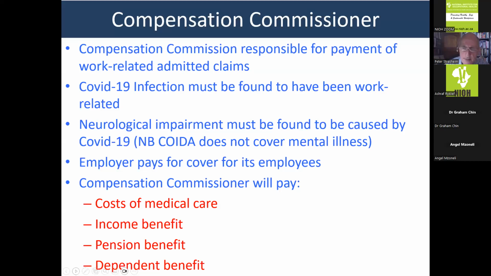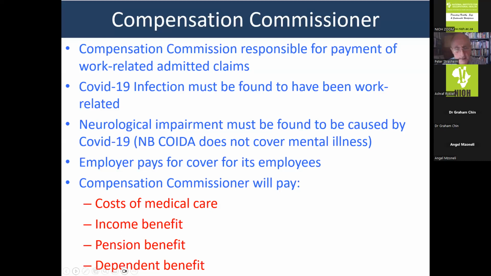The same principles apply to COVID-19 infection in the workplace, which of course is difficult. It might have been incurred elsewhere, but this is COVID-19 in the workplace. So if it was incurred in the workplace, the neurological impairment, the neurological brain injury, must have been found to be caused by COVID-19.